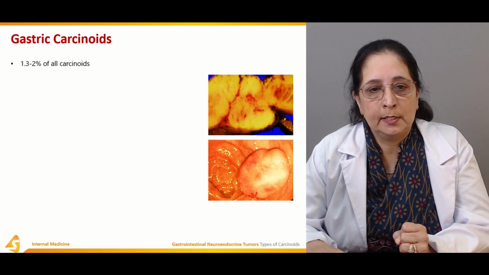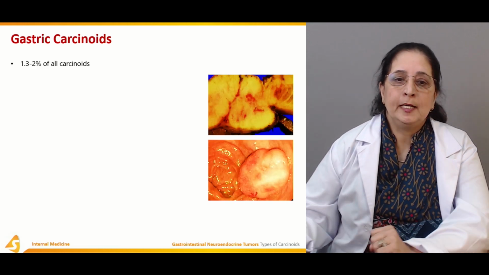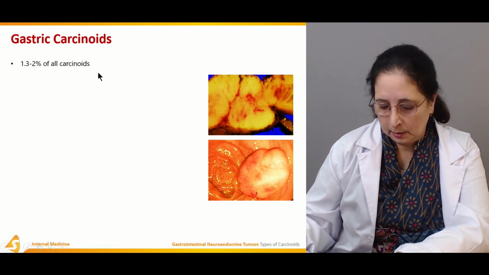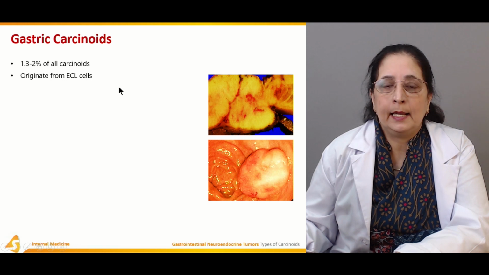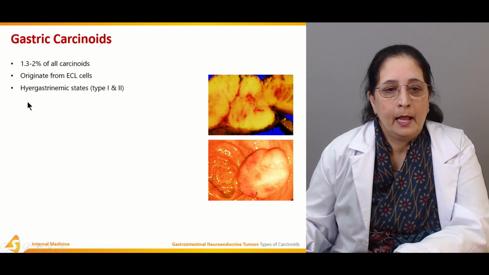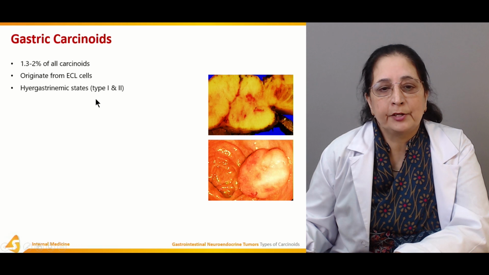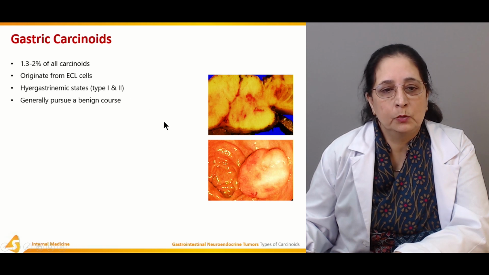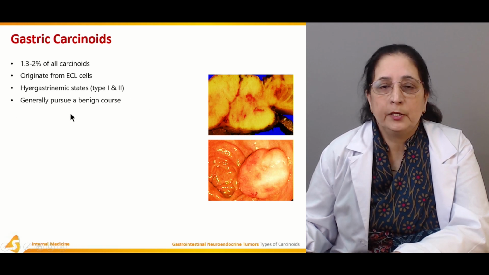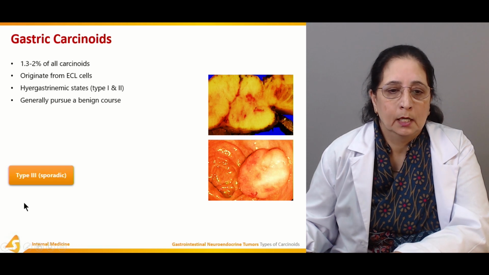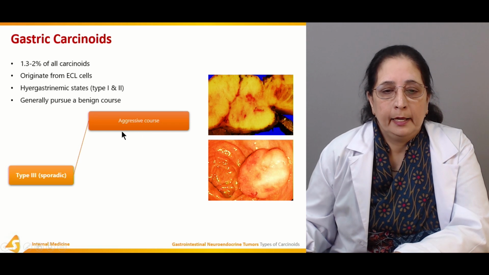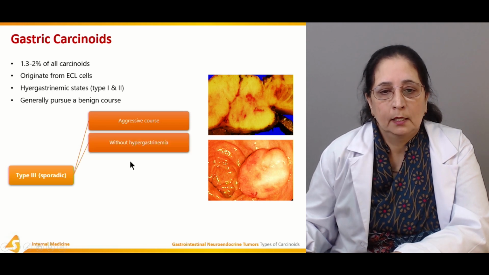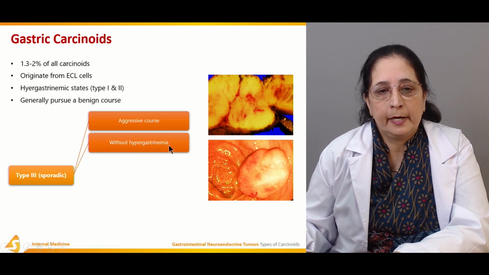Gastric carcinoids: 1.3 to 2% of all carcinoids originate from ECL cells. Hypergastrinemic states, type 1 and 2, generally pursue a benign course. Type 3 is sporadic, with an aggressive course without hypergastrinemia.